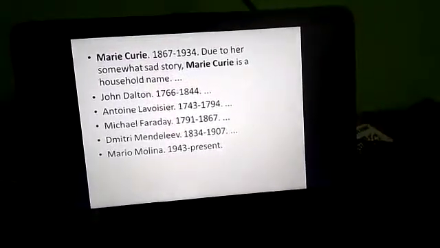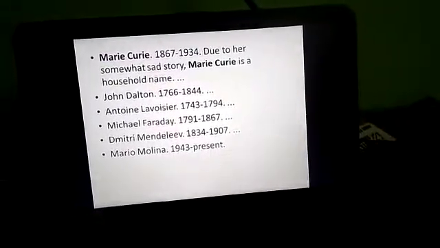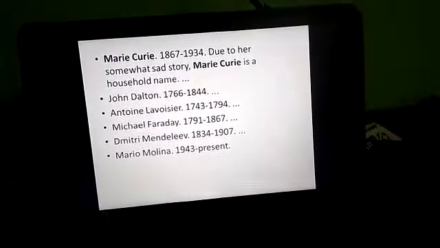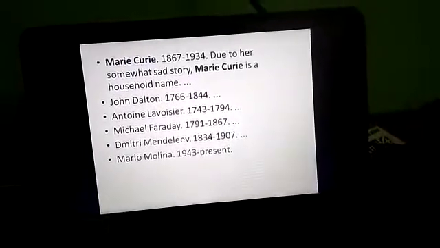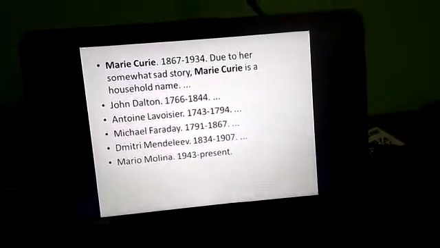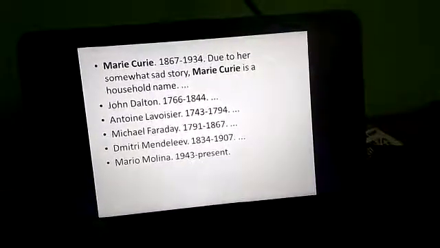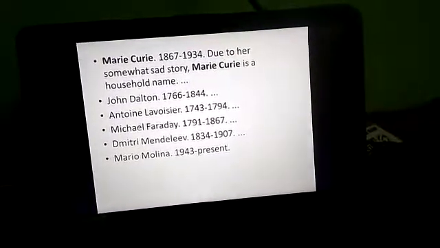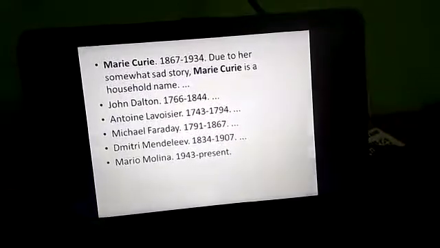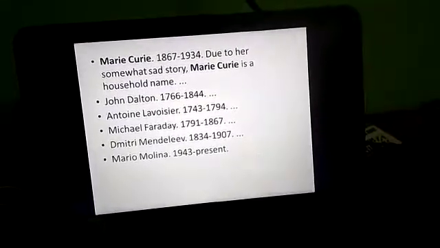You know, children, unfortunately she also died because of this radium. It is a radioactive element, so it caused cancer to her, and that is the only treatment which we are using in modern days.